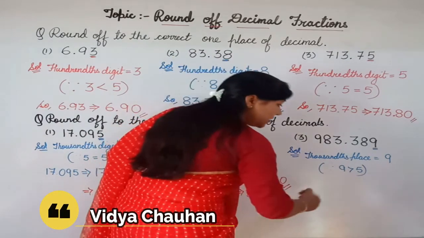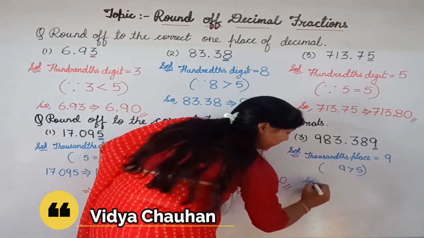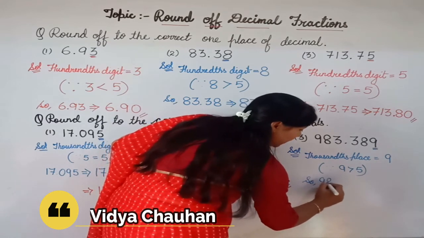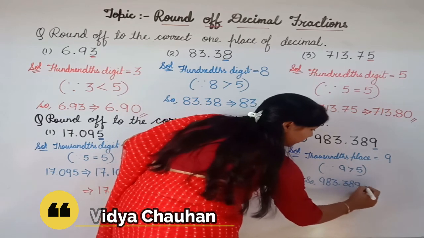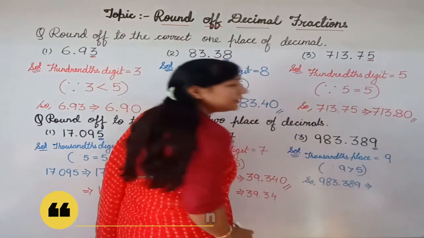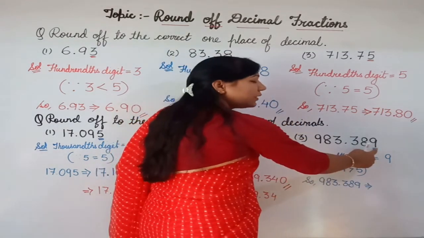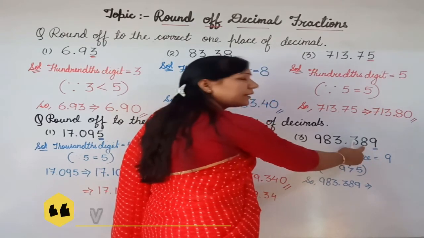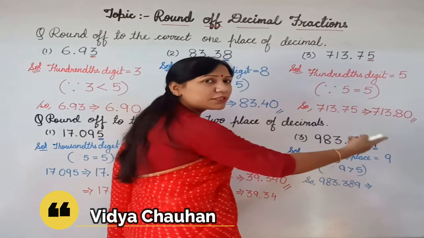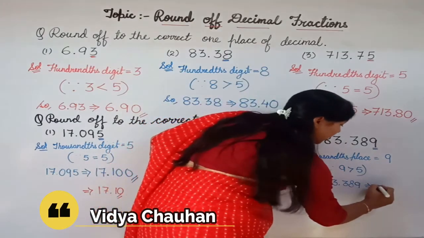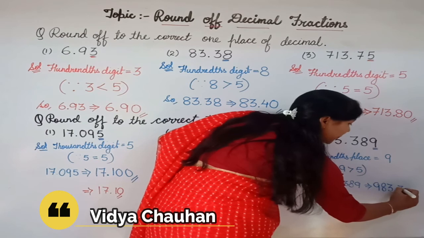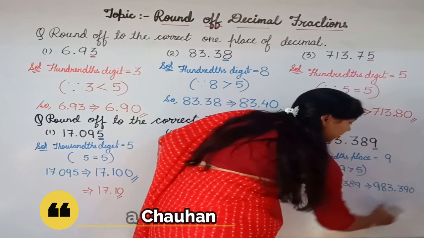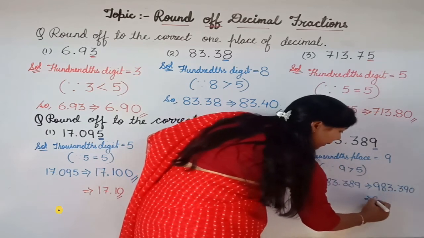Since 9 is greater than 5, this digit will become 0 and the digit at the hundredths place will increase by 1. So it will become 983.390, or you can write it as 983.39.